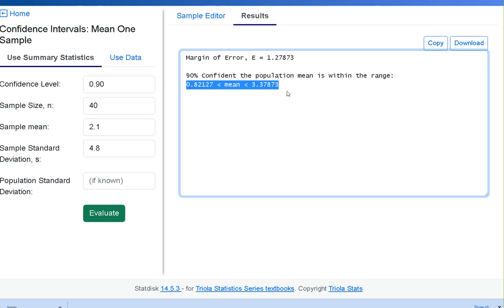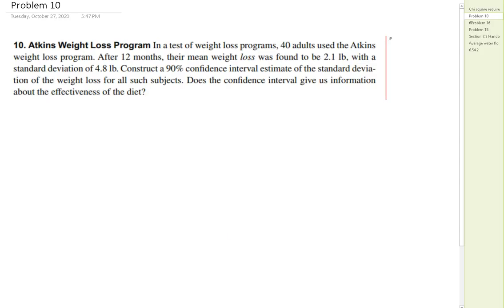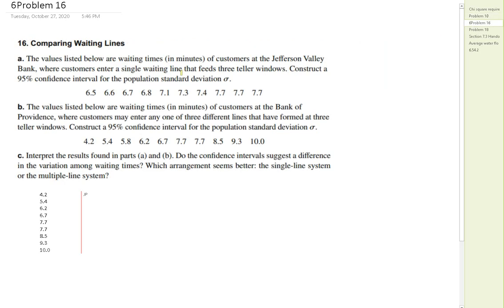All right, let's take a look at example 16. Right here. So you've got values listed below are waiting times in minutes of customers at Jefferson Valley Bank, where customers enter a single waiting line that feeds 3 teller windows.